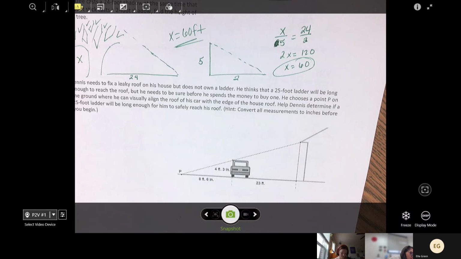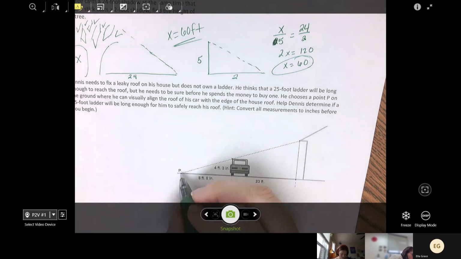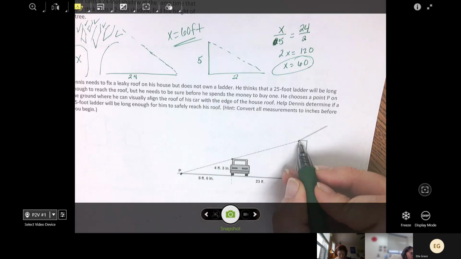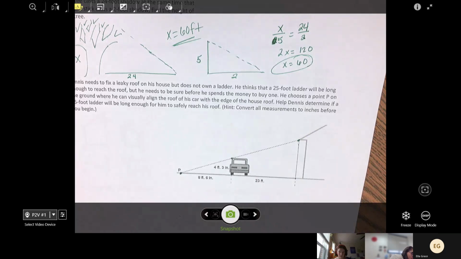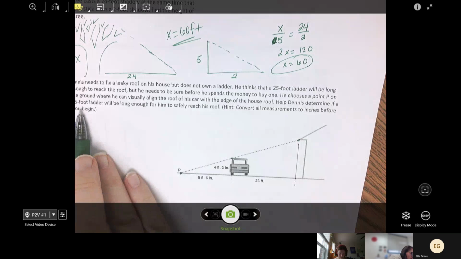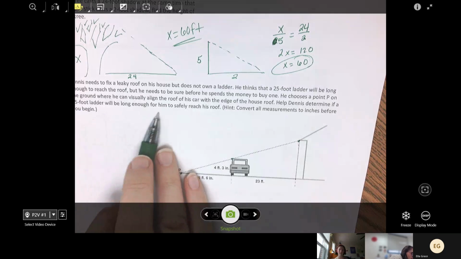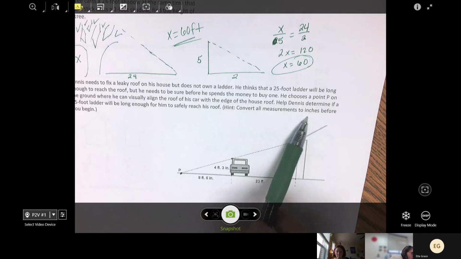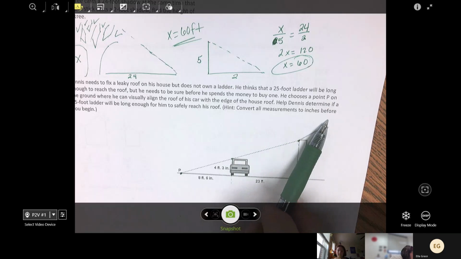He chooses a point P on the ground where he can visually align the roof of his car with the edge of the house. So he's here, he wants to align the roof of his car with the edge of his house. Help Dennis determine if a 25-foot ladder will be long enough for him to safely reach his roof. You're going to have to convert all measurements to inches before you begin.